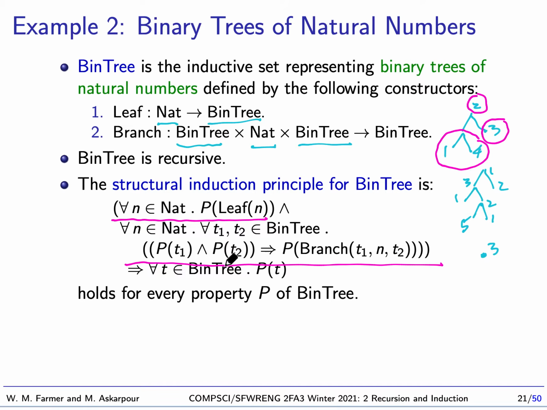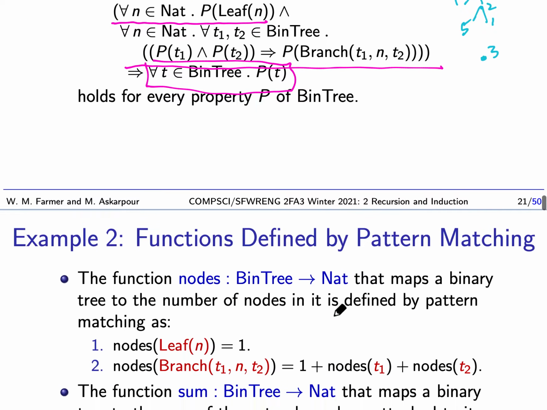The second one says for all natural numbers and all trees T1 and T2, if the property holds for T1 and T2, because T1 and T2 are members of this set bin tree, then the property holds for the branch constructor applied to T1, N, and T2. And if these two conditions are true, then we get this result which says the property holds for all members of bin tree. So that's the structural induction principle for bin tree.